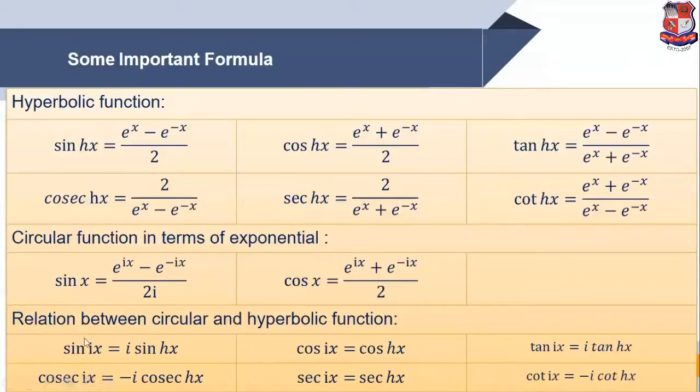Again I repeat, the important formulas: sin ix is i sin hyperbolic x, and cos ix is cos hyperbolic x. Similarly, tan ix is i tan hyperbolic x. Cosec ix is minus i cosec hyperbolic x. Sec ix is sec hyperbolic x, and cot ix is minus i cot hyperbolic x.